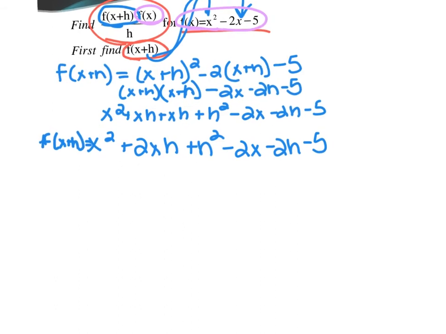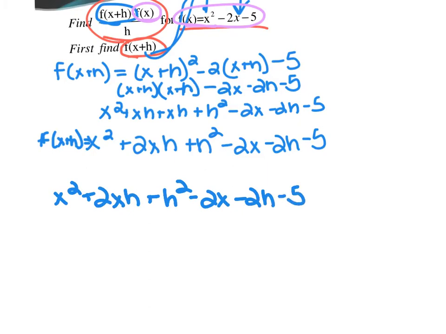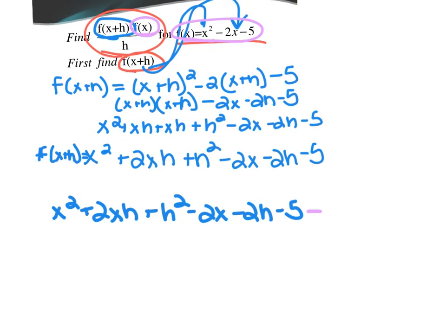So I'm going to take my f of x plus h. I'm going to try to color code it so it makes sense. x squared plus 2xh plus h squared minus 2x minus 2h minus 5. And I'm going to subtract from it my f of x, which is x squared minus 2x minus 5.